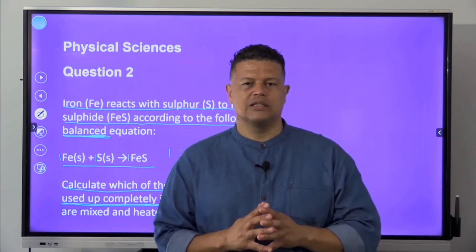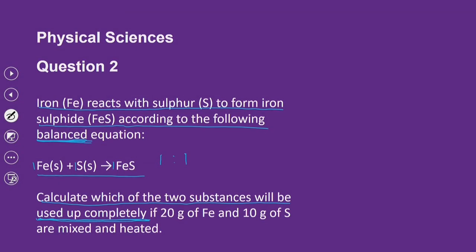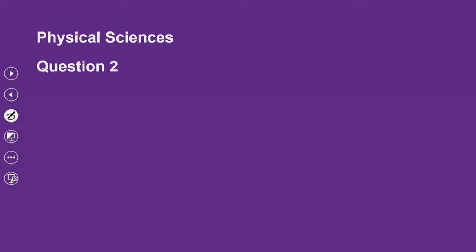How do we do this? Let's have a closer look. Important, it's 20 grams of iron that reacts with 10 grams of sulfur. So let's have a look at iron. We are going to start off by calculating the number of mole of iron. And number of mole is mass over molar mass.